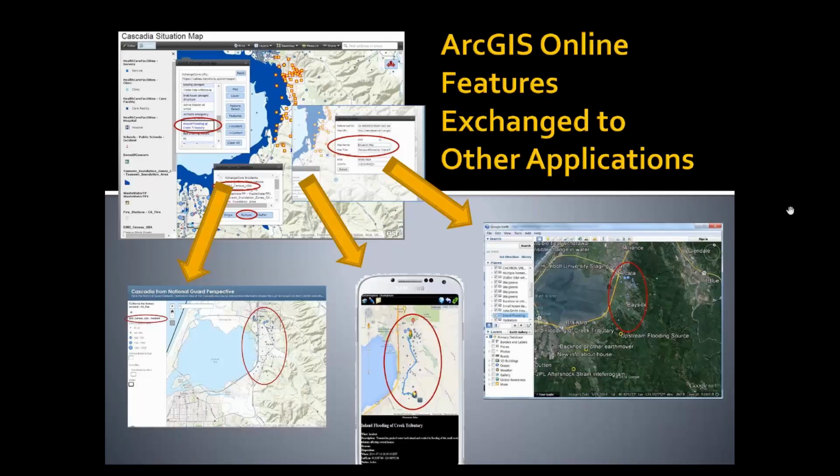So the two specific XchangeCore improvements that we're going to be focusing on are XchangeCore outputs of Esri JSON and GeoJSON, and this requirement is to allow ArcGIS Online feature layers to be output by XchangeCore.